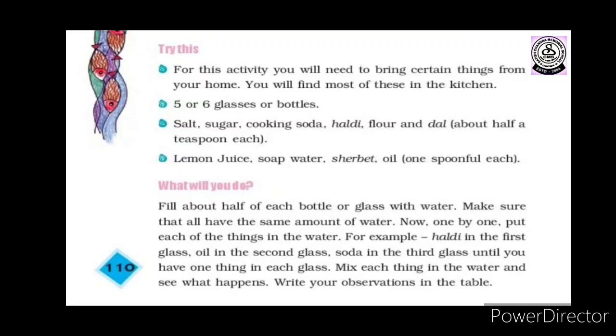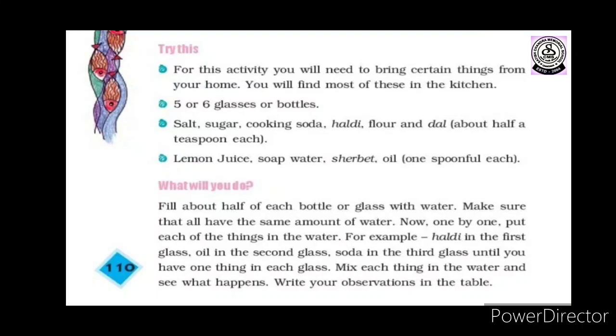Now what will you take? You will take some salt, some sugar, some cooking soda, haldi, flour and dal. The amount? Half a teaspoon. Now you can also arrange some lemon juice, soap water, sarbat and oil, 1 full spoon each.